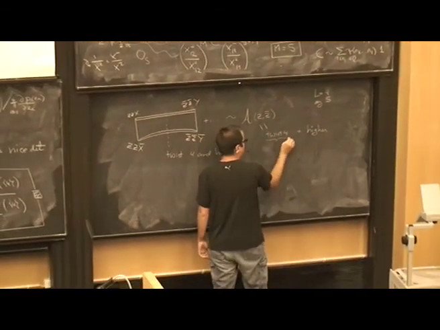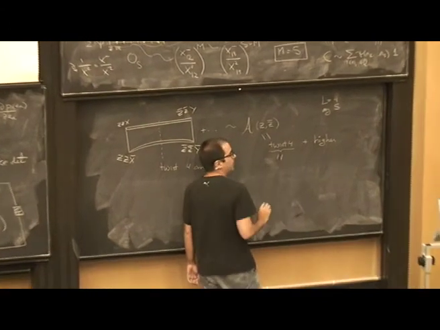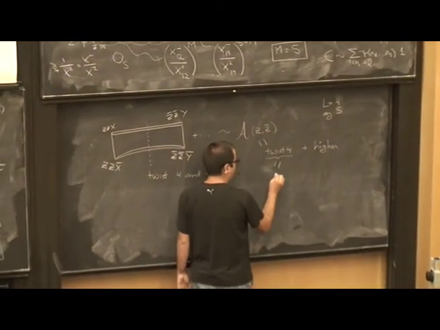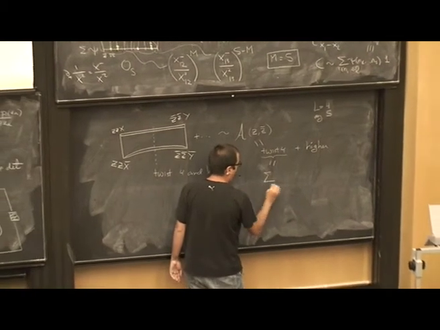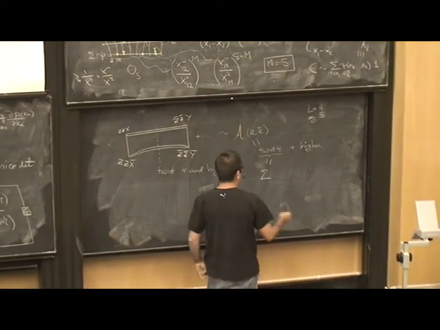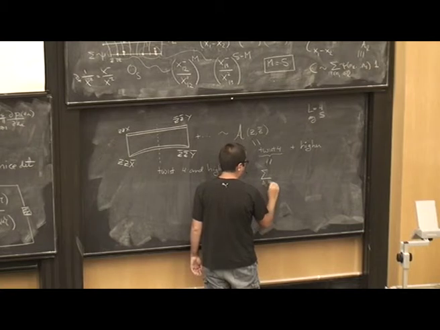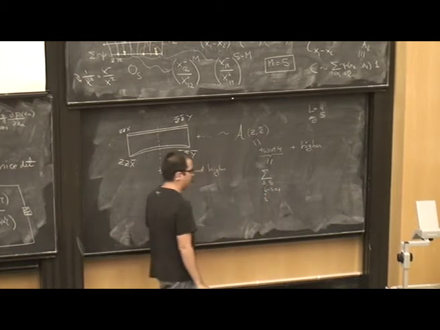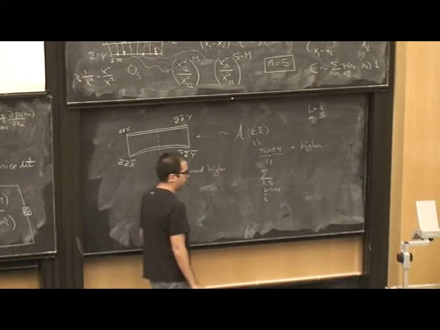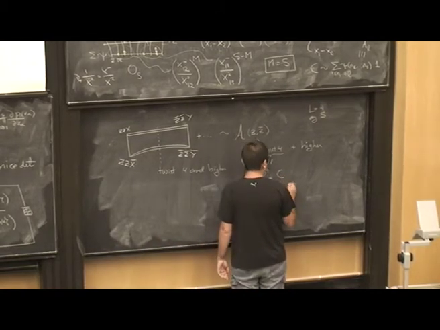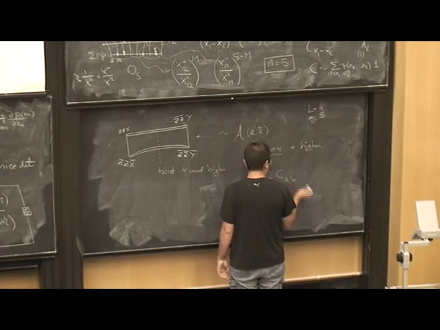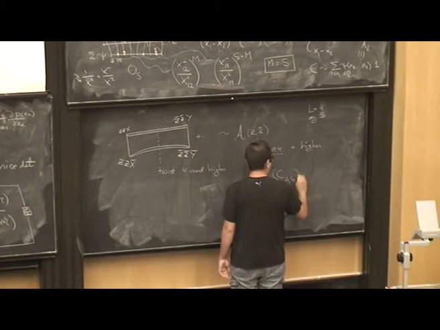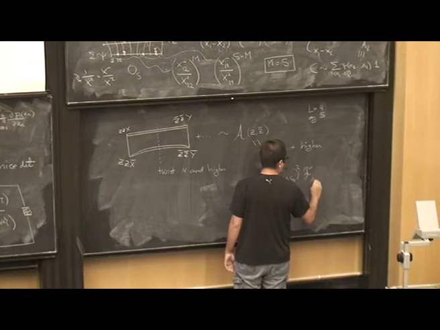This twist 4 is a sum over all states delta and S, where L minus S equals 4, and L is equal to delta at leading order, of the structure constant of delta and S squared times the conformal block.